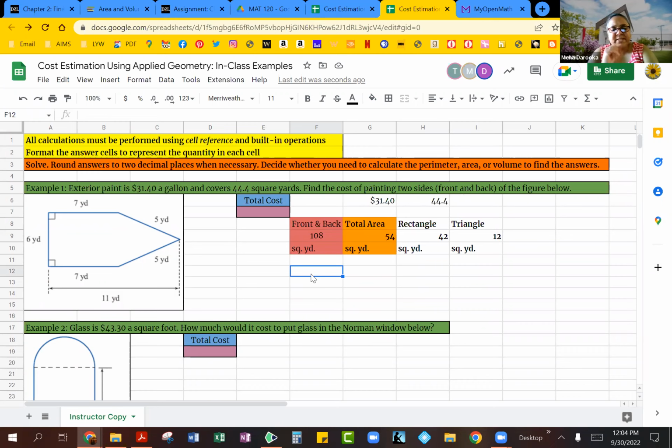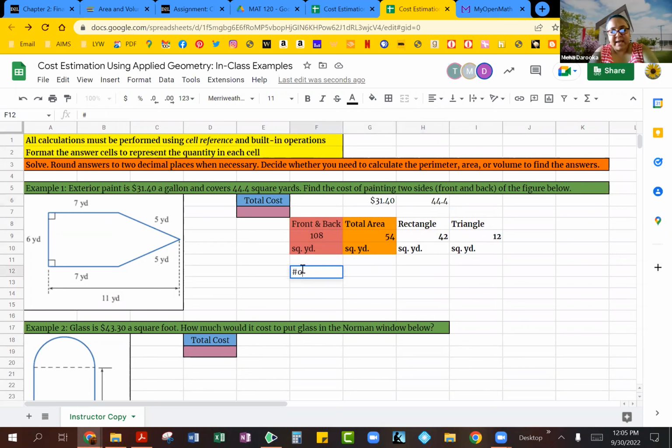So the total surface area we need to paint is 108 square yards. Each can or each gallon of paint will give us 44.4. Terry, that's wonderful. So what you do is you take your 108 and you divide by how much surface 1 gallon will cover.